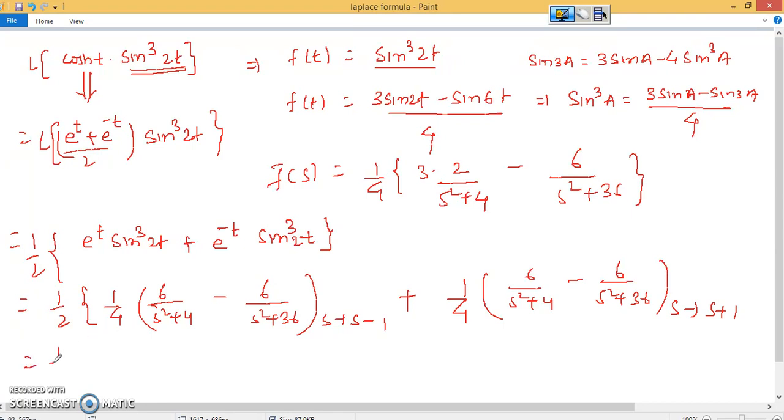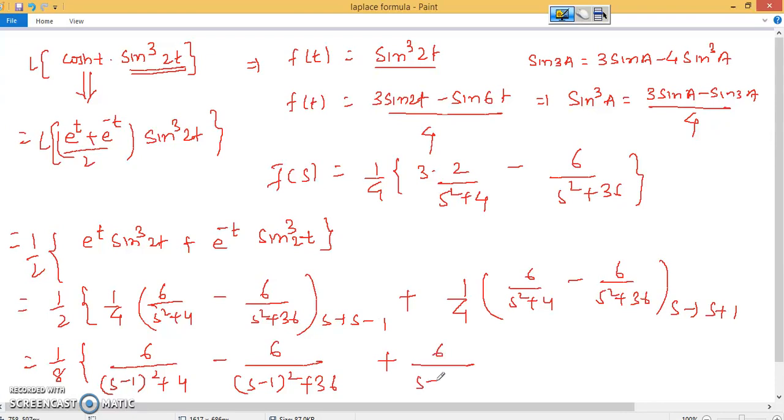So you'll get finally 1 by 8 into 6 by (s minus 1) whole square plus 4 minus 6 by (s minus 1) square plus 36, plus here also we can write 6 by (s plus 1) to the power of 2 plus 4 minus 6 by (s plus 1) whole square plus 36. This is your Laplace.